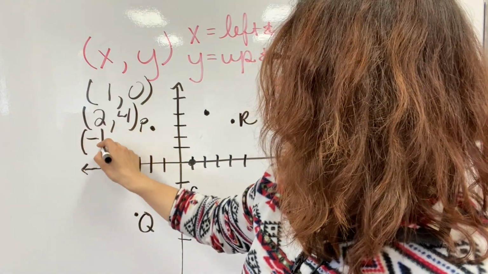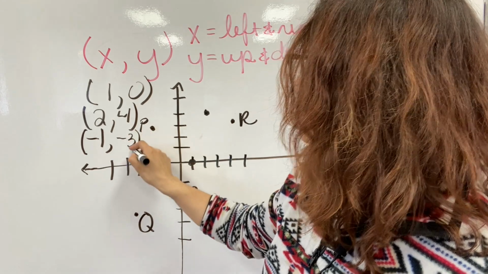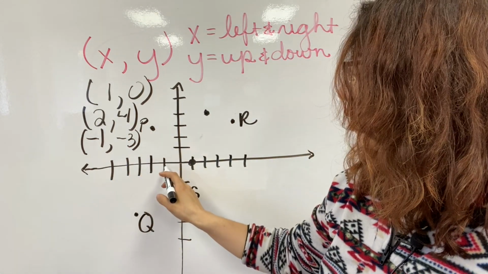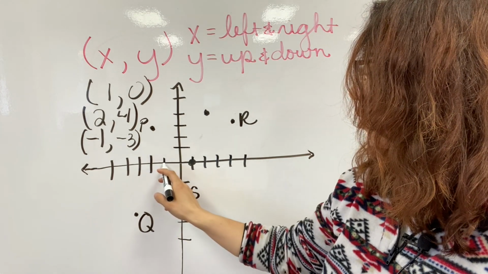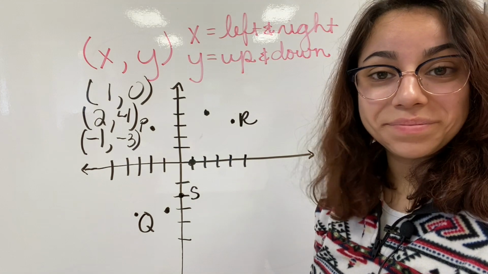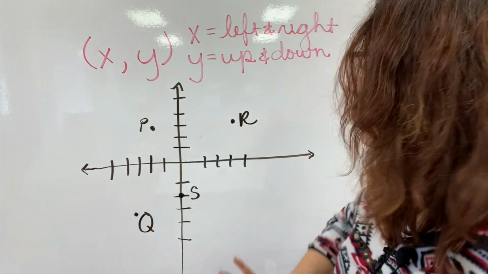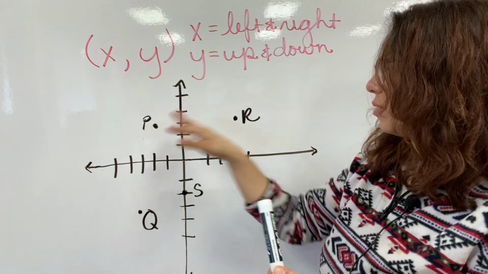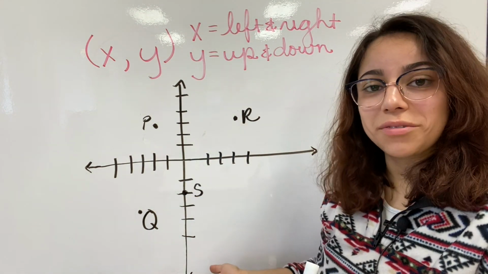If I wanted (-1, -3), remember negatives are on this side of the line. So we're going to do -1 and then -3 is on the bottom. So 1, 2, 3, and that's where it would be. I need to get graph paper that's magnetic that we can stick on the board, because then we would have the boxes and it would be easier to see where Miss Chacón was graphing things.